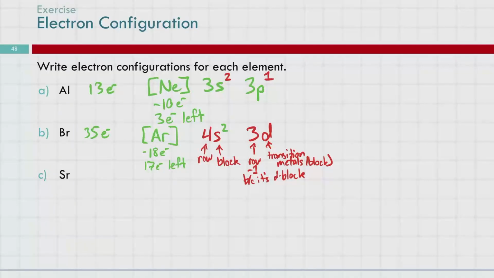Who remembers how many shapes we have in our D subshell, the double dumbbells? We have 5 shapes, 5 orbitals. We can fit a total of 10 electrons into 3D. The other way that we can remember this is if we count across our D block. 1, 2, 3, 4, 5, 6, 7, 8, 9, 10.